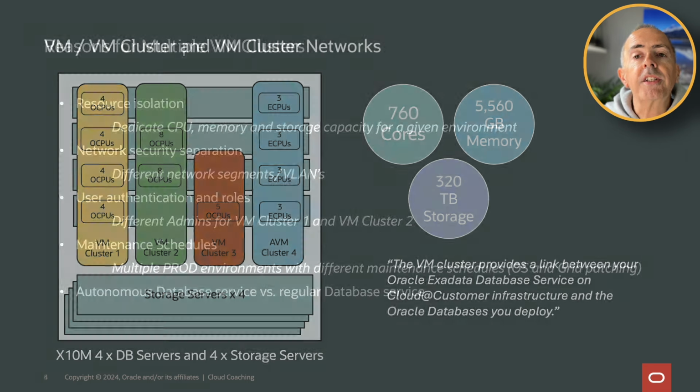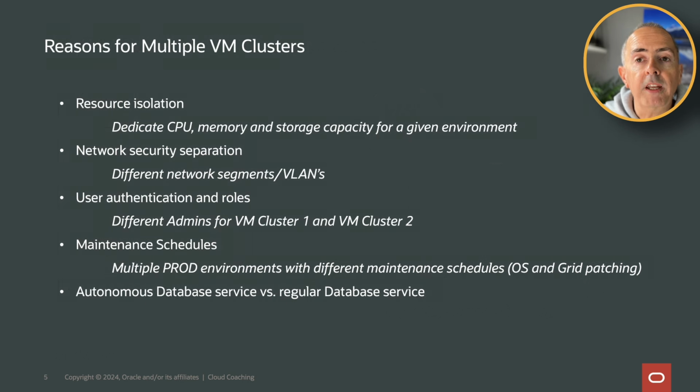So let's look at some of the reasons for needing multiple VM clusters. Probably the main reason is around resource isolation, as the VM cluster gives you your own dedicated CPU, memory, and storage to a given set of workload. It also gives you network security separation, allowing you to have different network segmentations and VLANs.